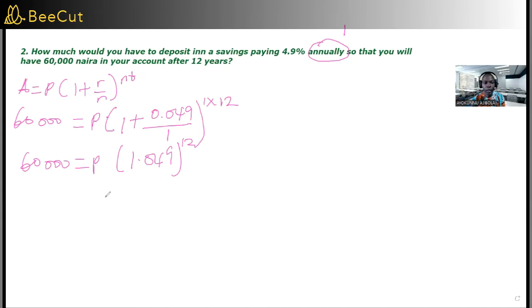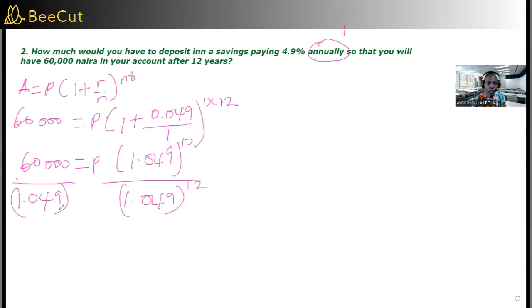Here now, I have to divide both sides, not by 60,000, because I'm not looking for 60,000. I'm looking for P. So I have to divide both sides by this figure here, 1.049 exponential 12.